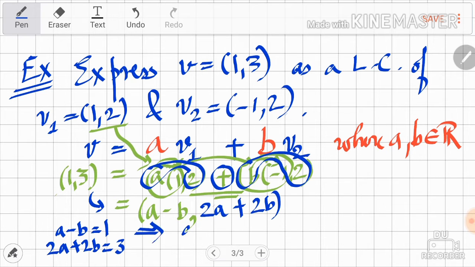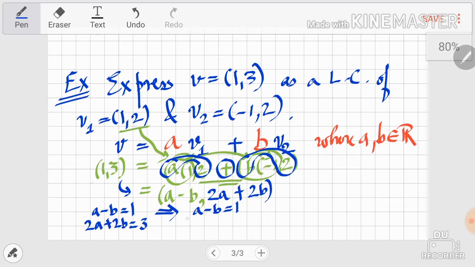Simplifying this further, we will get a system of equations as a minus b is equal to 1 and a plus b is equal to 3 by 2. So we get a system of linear equations which can be solved simultaneously.